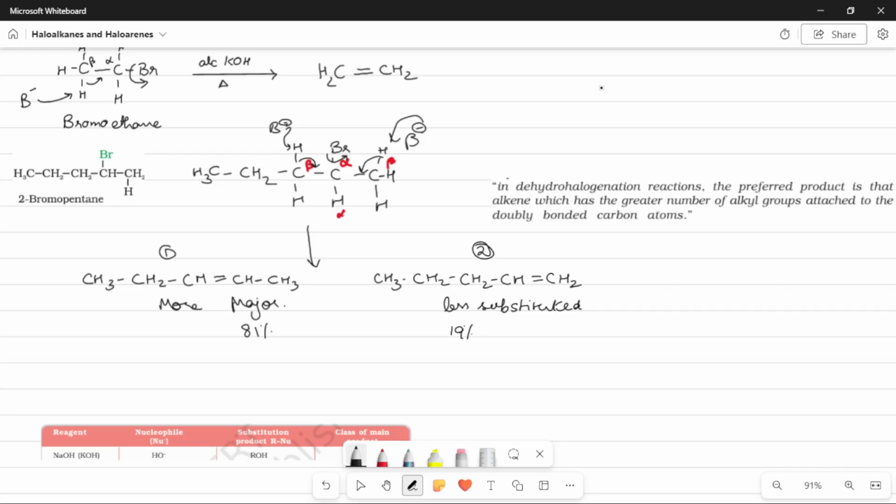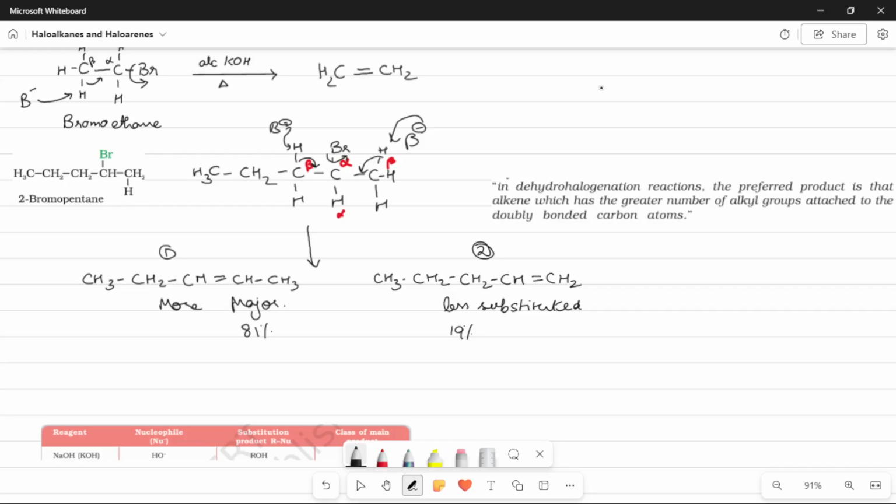So what it does is it abstracts the proton and then it leads to the formation of an alkene. Whereas if it's a smaller nucleophile, it helps in the substitution reaction. So a bulky nucleophile prefers to act like a base, whereas a smaller nucleophile gives out its nucleophile, and then it undergoes a substitution reaction.